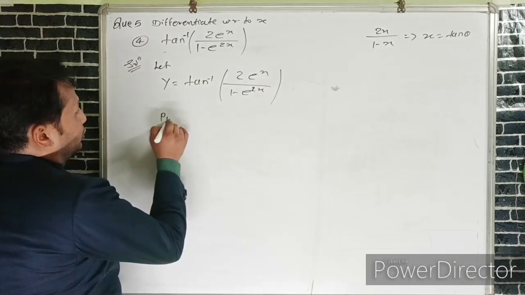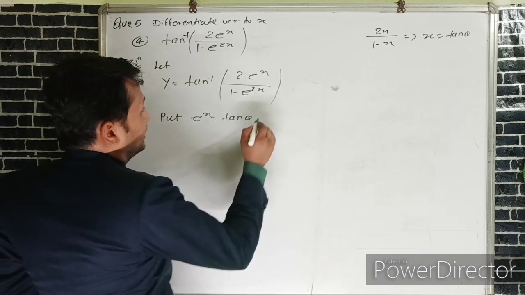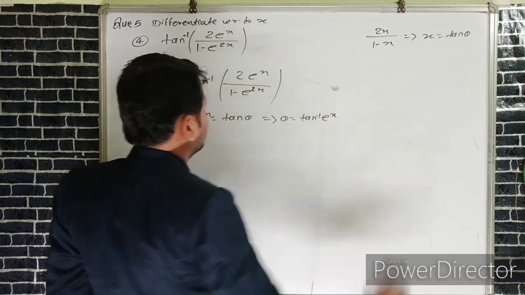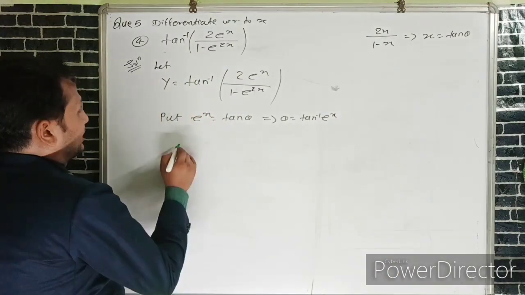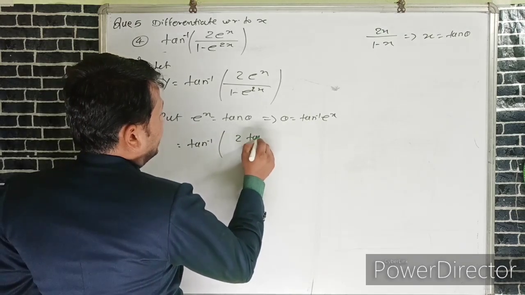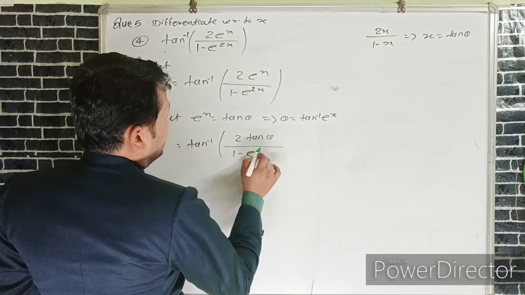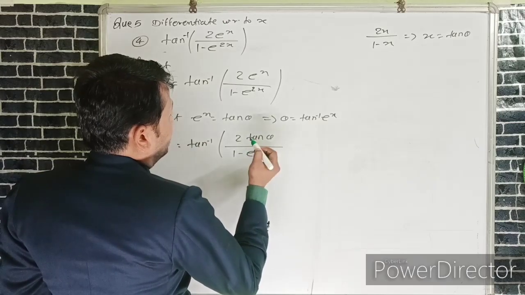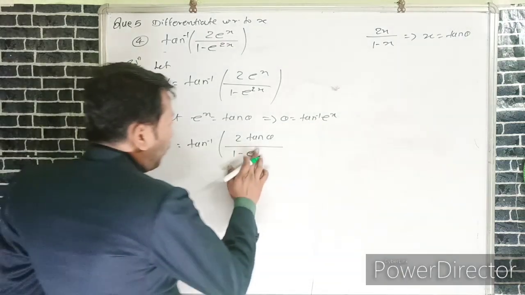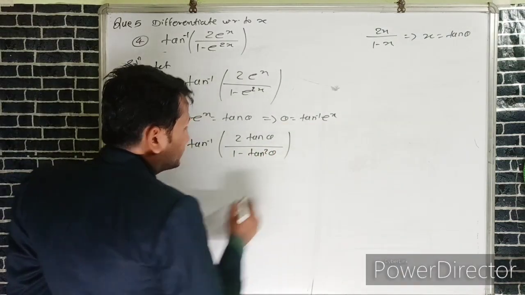If we substitute e to the power x is equal to tan theta, then we can write the value of theta is equal to tan inverse of e to the power x. After that we can write this function as tan inverse of 2 tan theta upon 1 minus tan square theta.